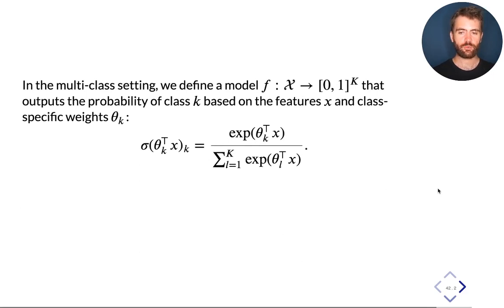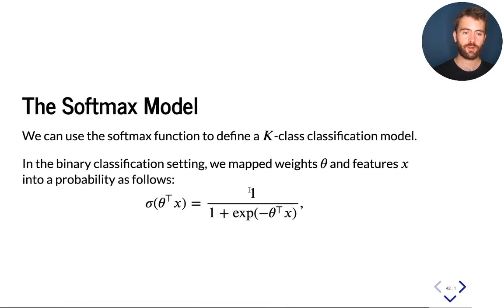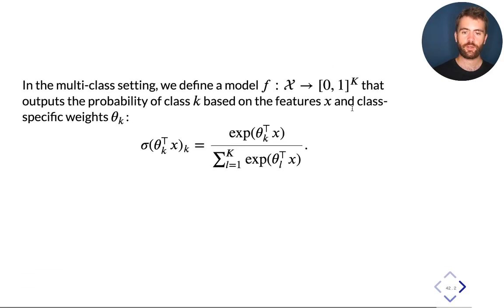In the multi-class setting, our model, instead of outputting a single probability, is going to output k probabilities, and the probability of each class k is going to be the softmax of the dot product of x with some set of weights theta sub k, where we have one set of weights for each possible class.